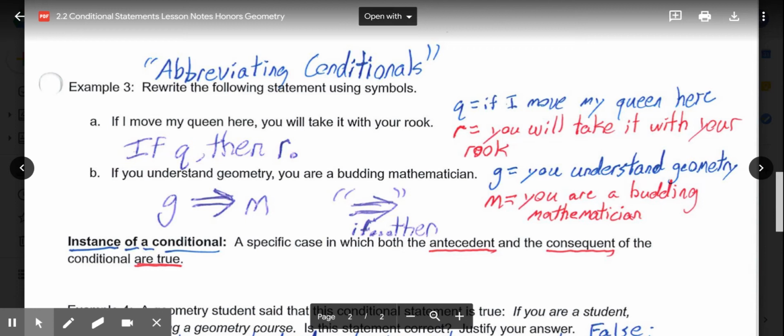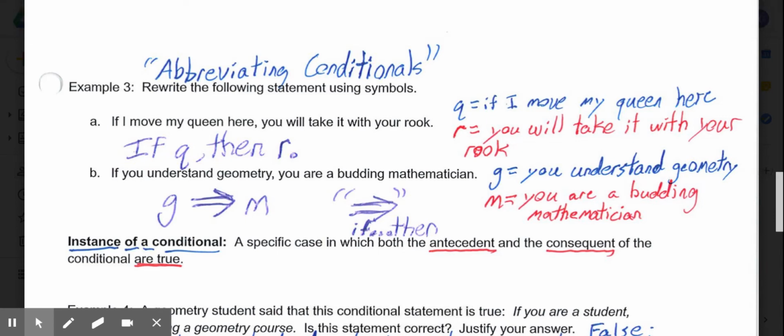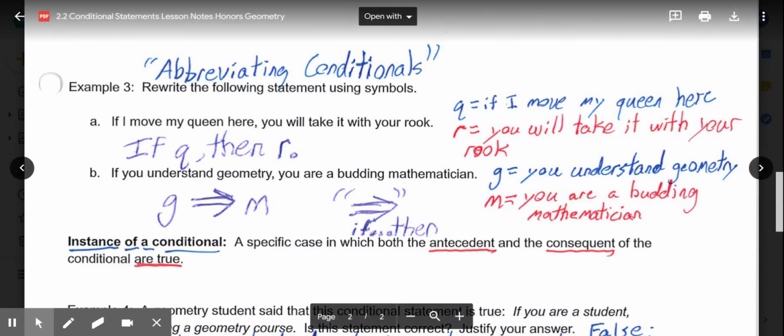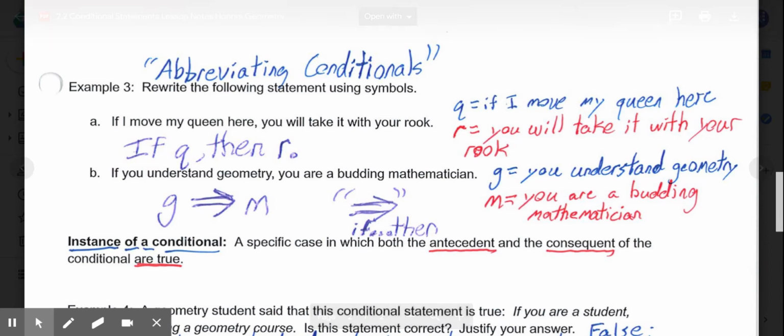So in A, it says, if I move my queen here, you will take it with your rook. Obviously a chess scenario. So we can abbreviate these different parts with symbols or letters.